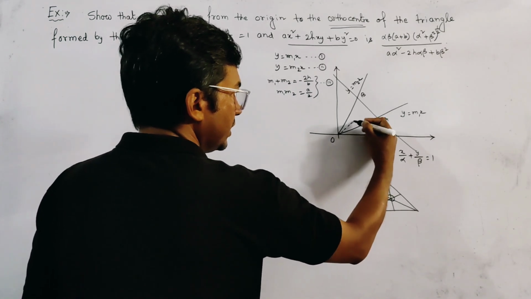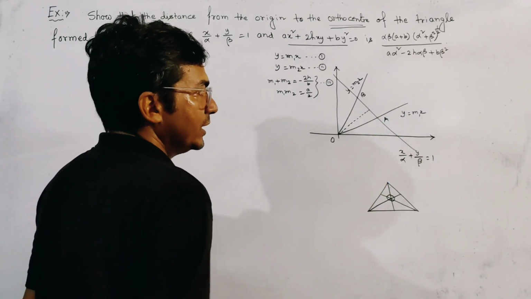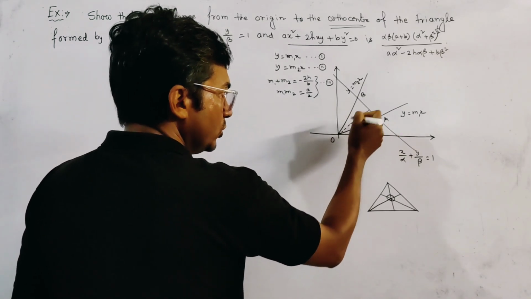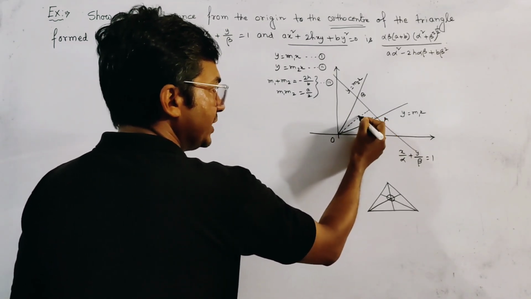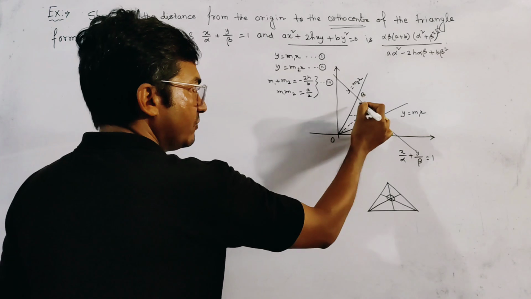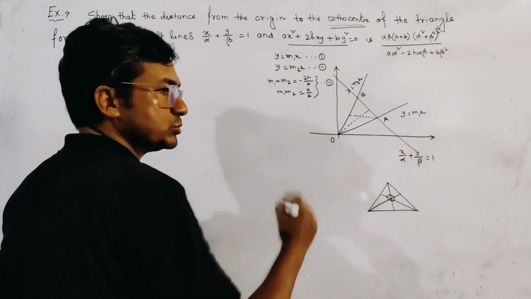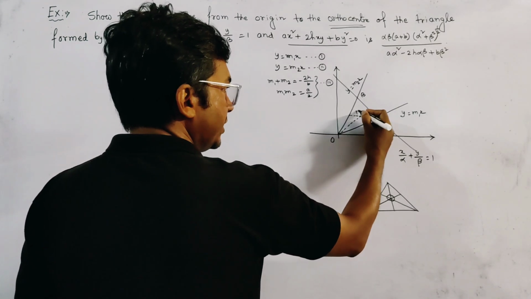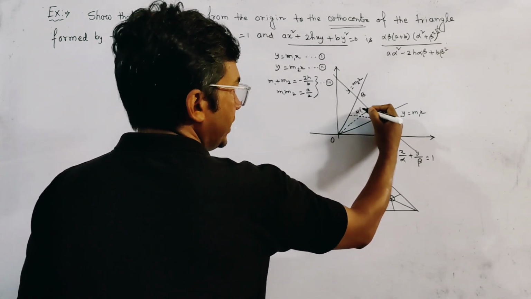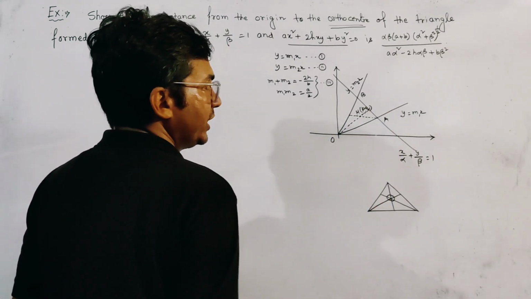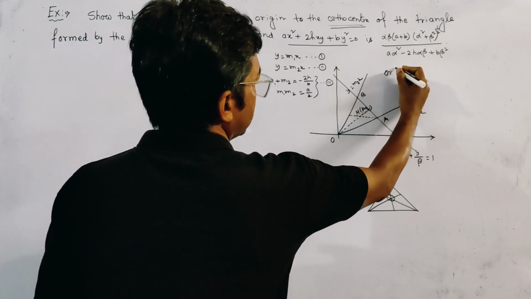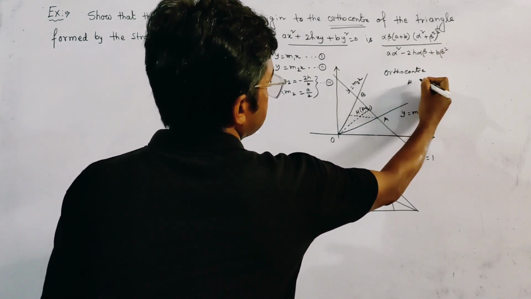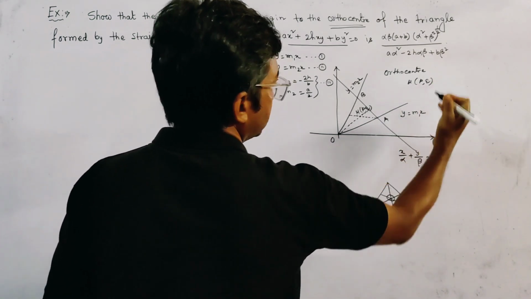Now we draw the perpendicular line from A to OB. This is another perpendicular line, and obviously the third perpendicular passes through this point. Let this be the orthocenter H, and let its coordinates be (P, Q).